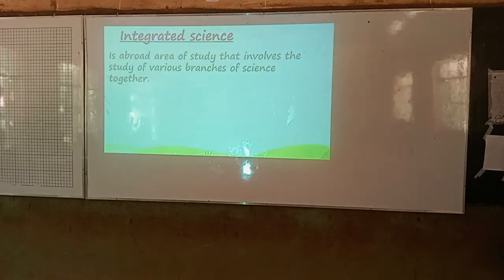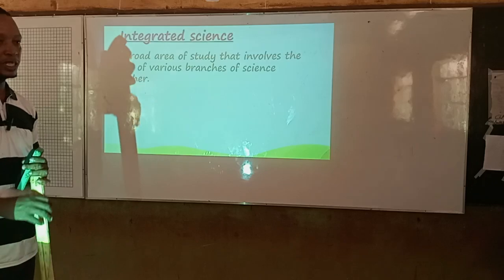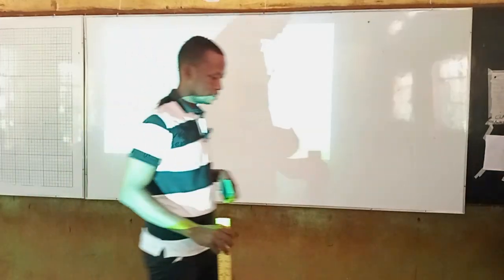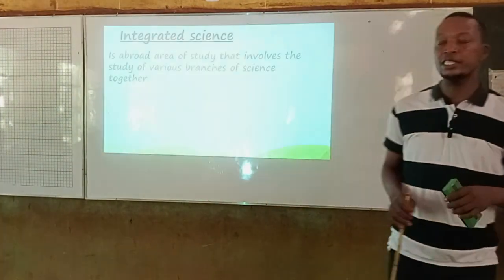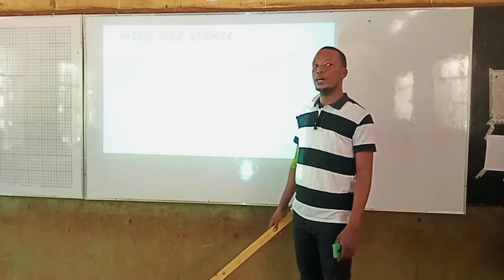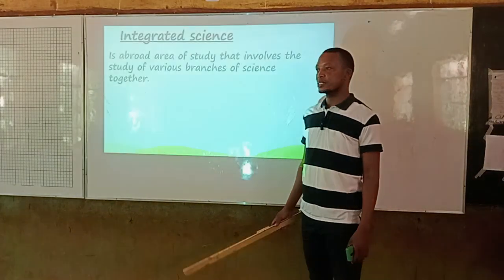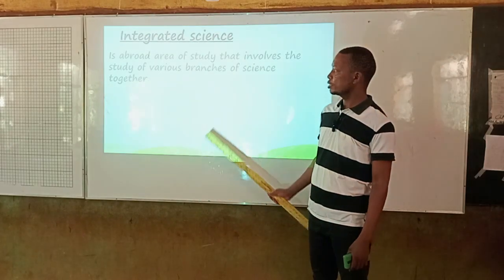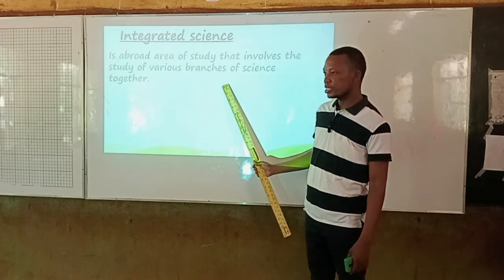Now, remember we said that by the end of the lesson, the learner should be able to define integrated science. Now, what is integrated science? From our definition here, let me have the boys to read this definition.